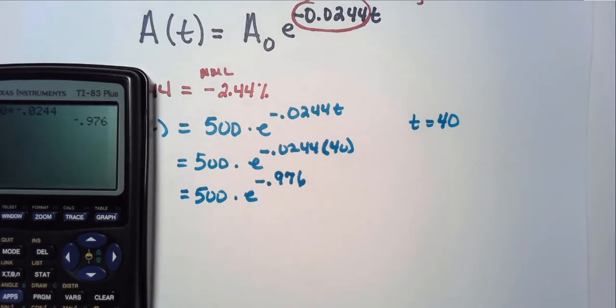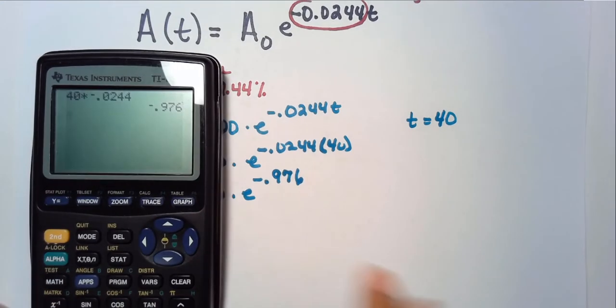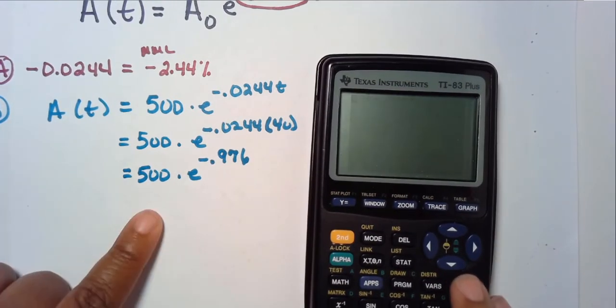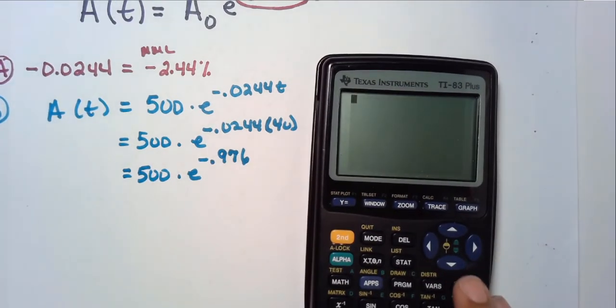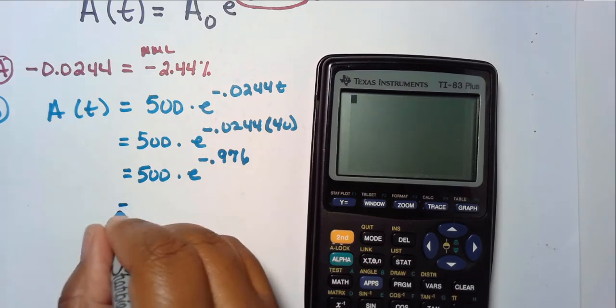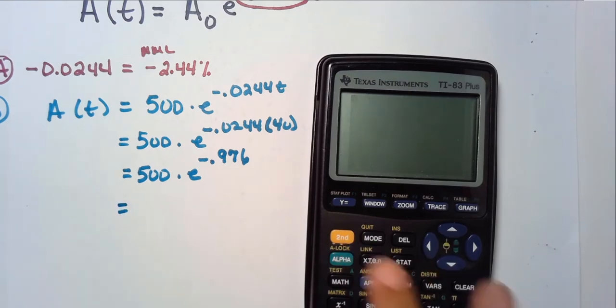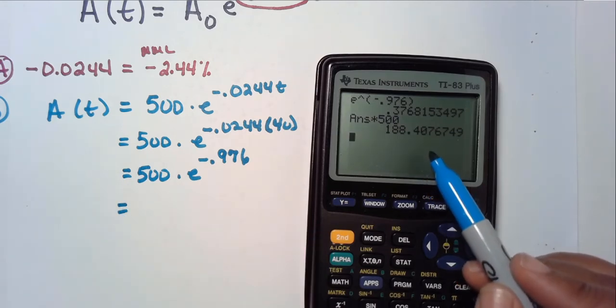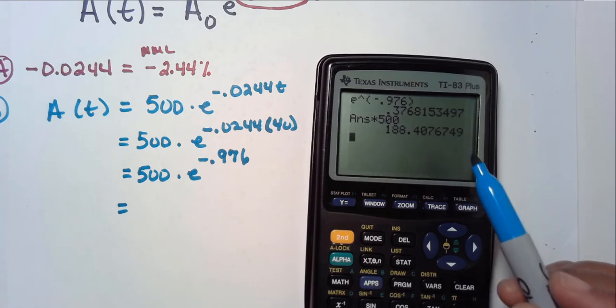Okay, so let's answer the question. Let's go ahead and multiply all of this out. Let's do base e first. e raised to the negative 0.976, enter, times 500, and we have 188.4076749.